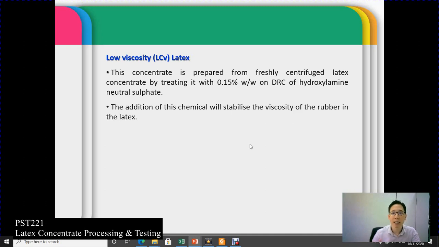So we add the hydroxylamine neutral sulfate to reduce the viscosity. So during the dipping or casting process, we can have very thin films or even distribution of the rubber on the former itself.